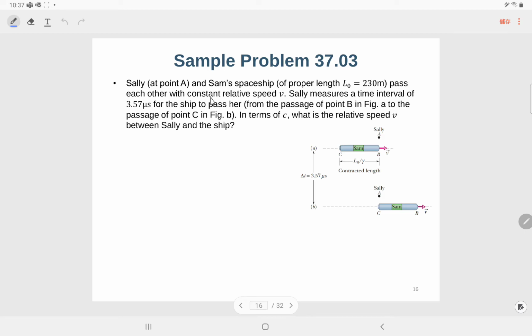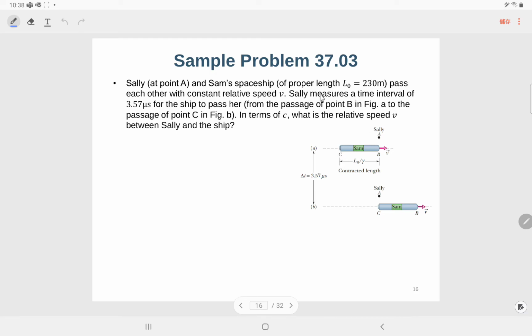They pass each other with constant relative speed v. So Sally tries to measure the length of this spaceship.